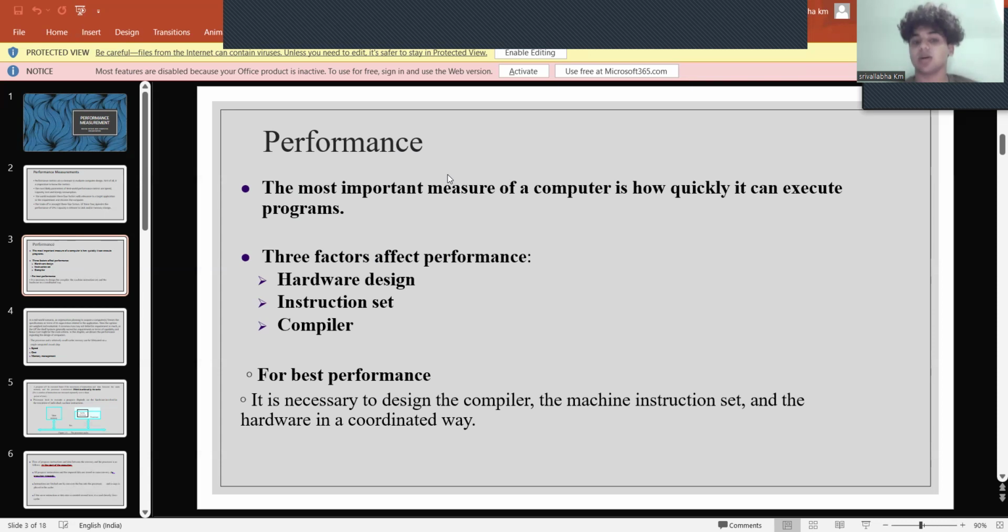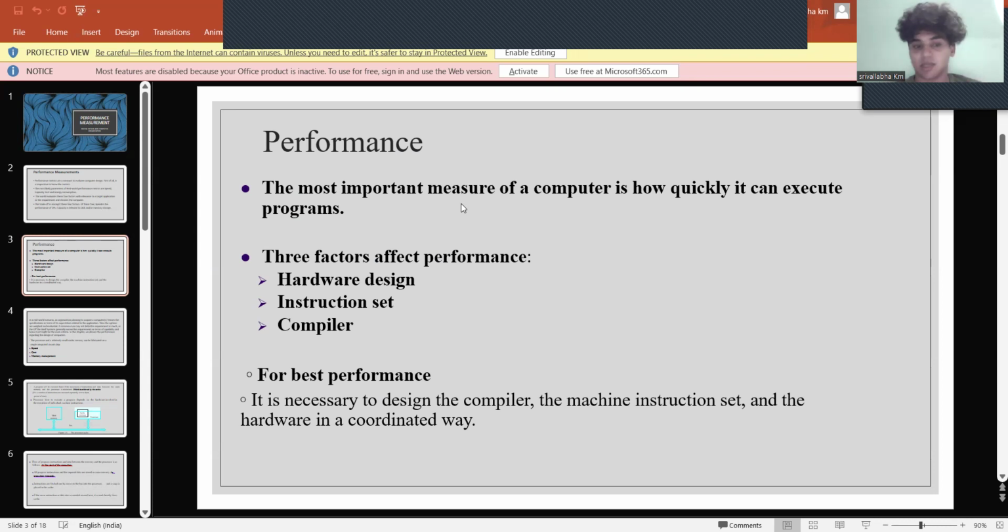In a computer, anything that executes faster has more ability to complete the task easily. Three factors affect the performance: hardware design, instruction set, and the compiler.